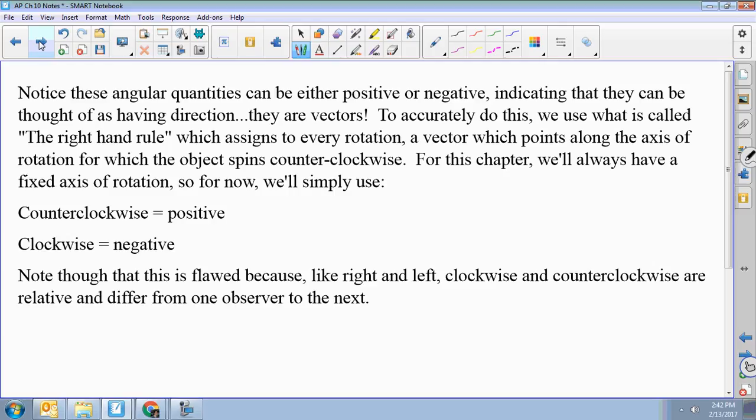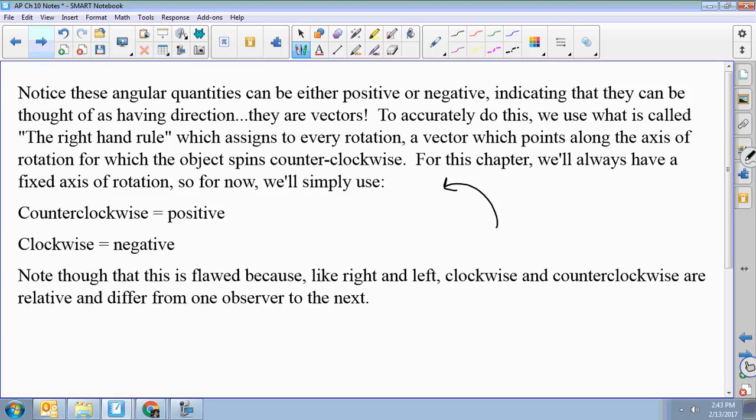I honestly never learned it that way. I always just learned this: you curl your fingers in the direction of rotation. That's the direction of the angular velocity or the displacement or whatever.